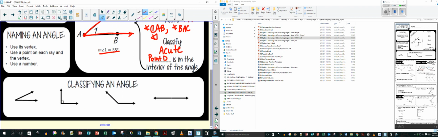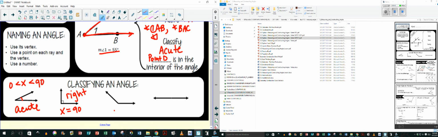So now classifying, you guys already know all of this. This angle is less than 90, so this is acute. So if the angle is between 0 and 90, it's acute. If the angle is equal to 90, it is a right angle.